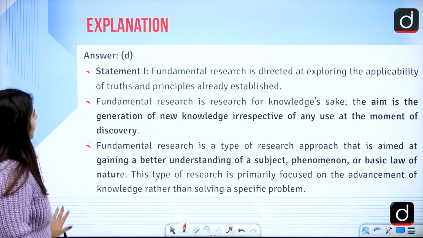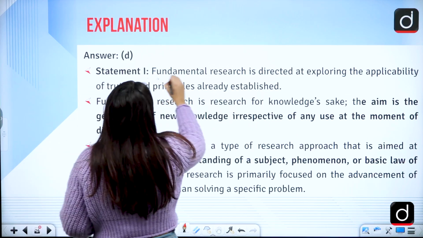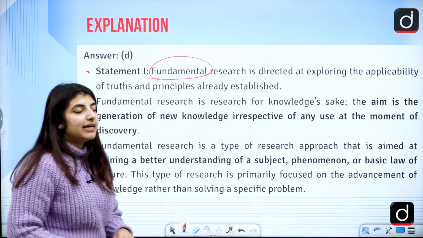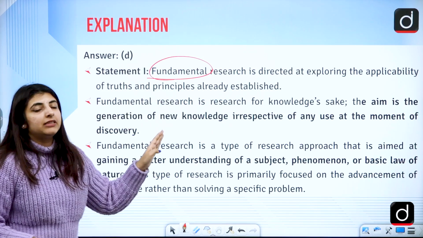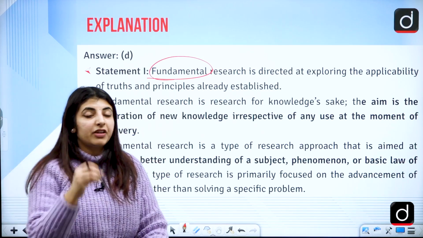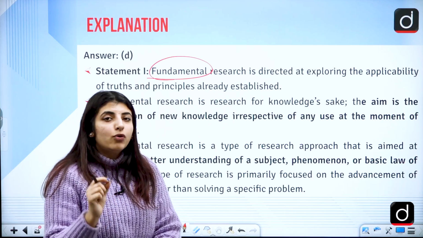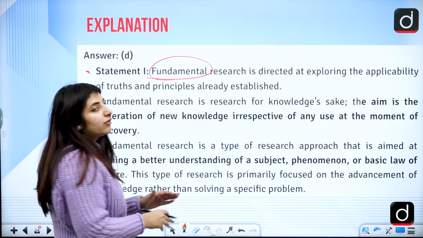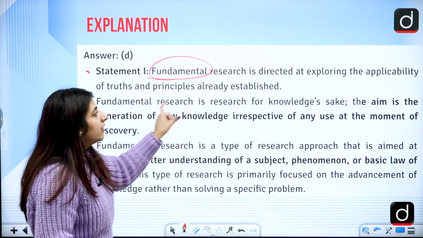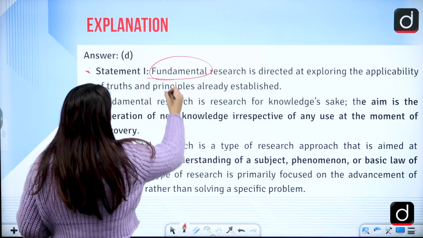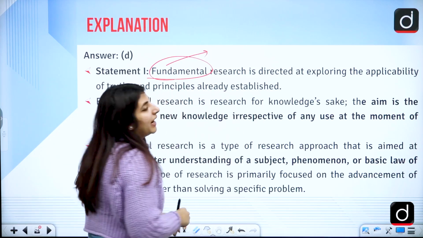Let's see how. Statement 1 says fundamental research is directed at exploring the applicability of truths and principles which are already established. If you were focused from the starting of the video, you would have seen that we matched the fundamentals and applied research.